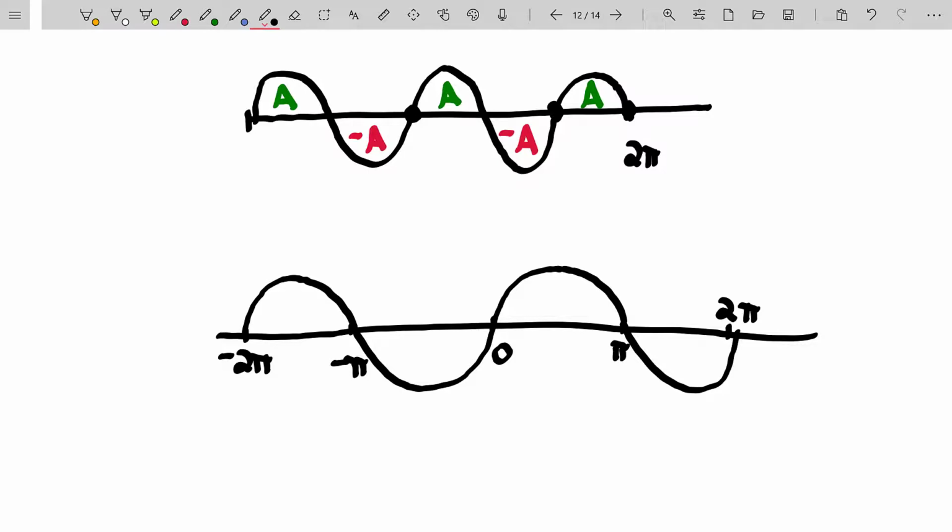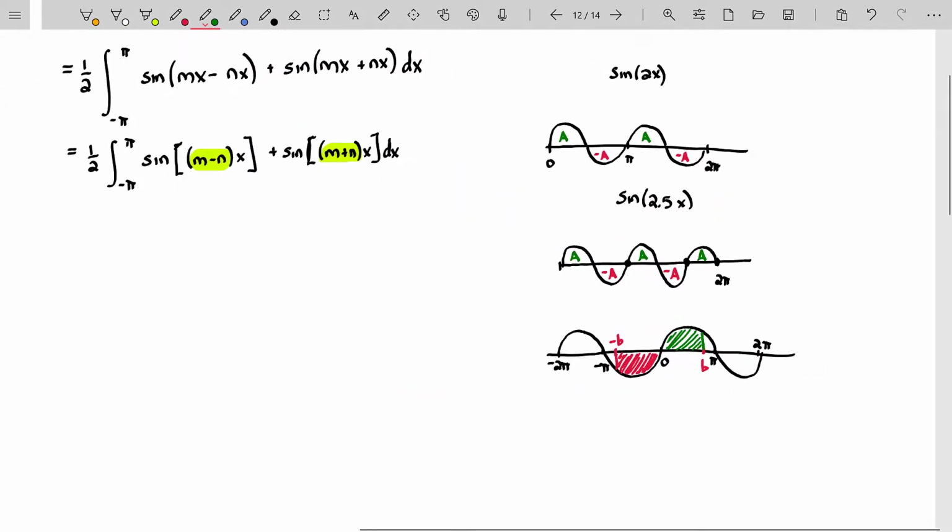And in fact, if you wanted to go from negative b to positive b, the area that I'm shading in red here is going to be equal and opposite to the area I'm shading in green there, and they will cancel out. And that's actually the trick to this problem.